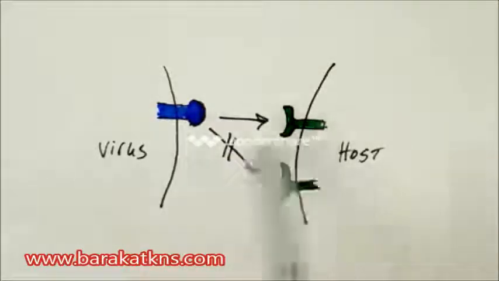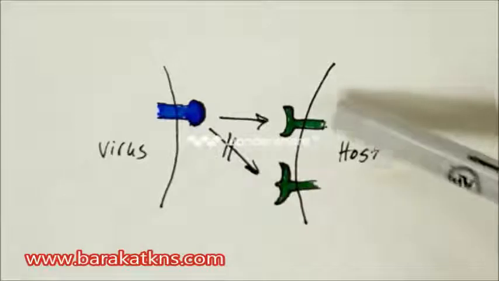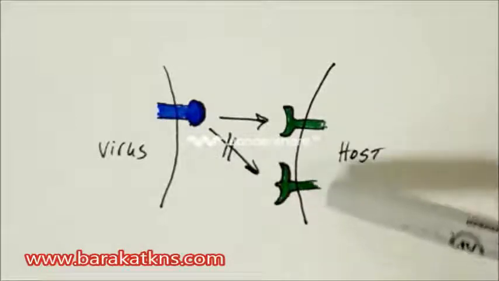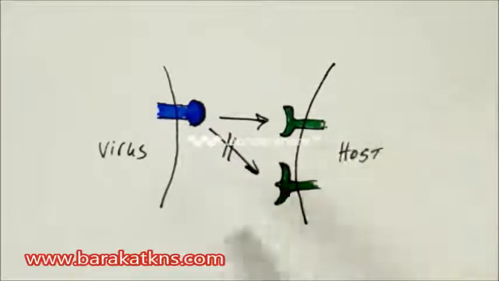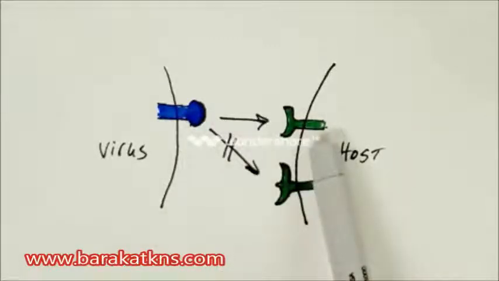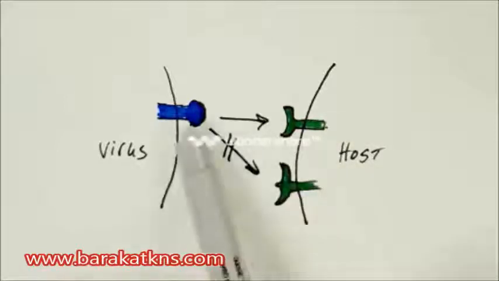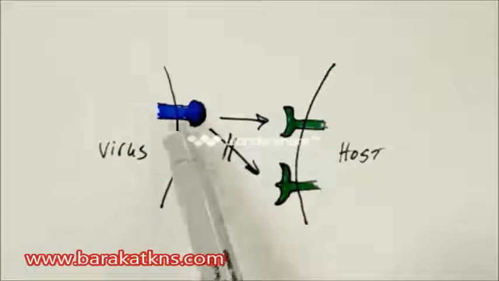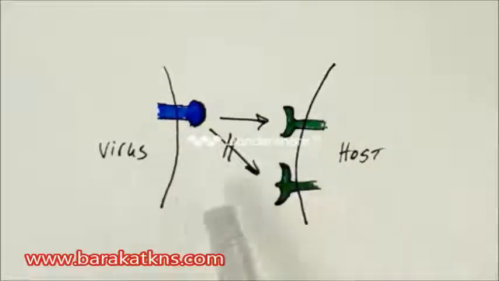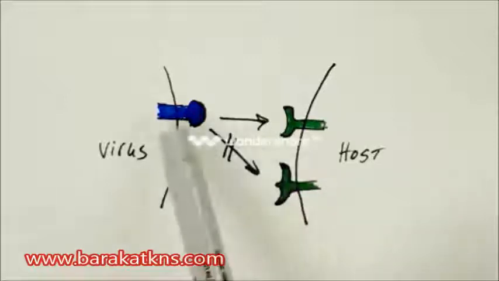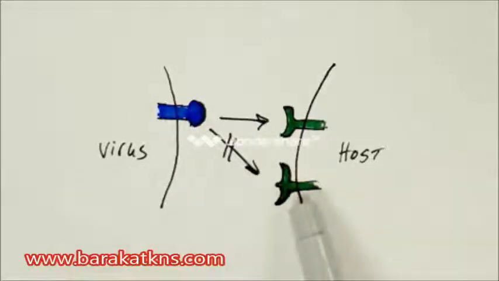But here's where the shape is important. I've got two receptors found on the surface, just for demonstration's sake. As you can see, in terms of a lock and key mechanism, this one matches up very well with this particular host protein or receptor, whereas this one doesn't match. So this one is able to bind here, but if this were the membrane receptor found on the host, the H protein would not be able to bind.